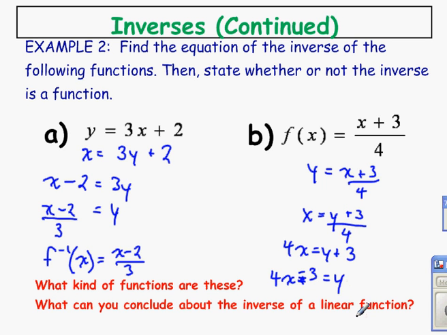Okay, and then we check to see if it's a function. So y equals 4x minus 3. Yes, that's a function. It's a line. So what we can do is we can write it in function notation. Okay, and then we're done.